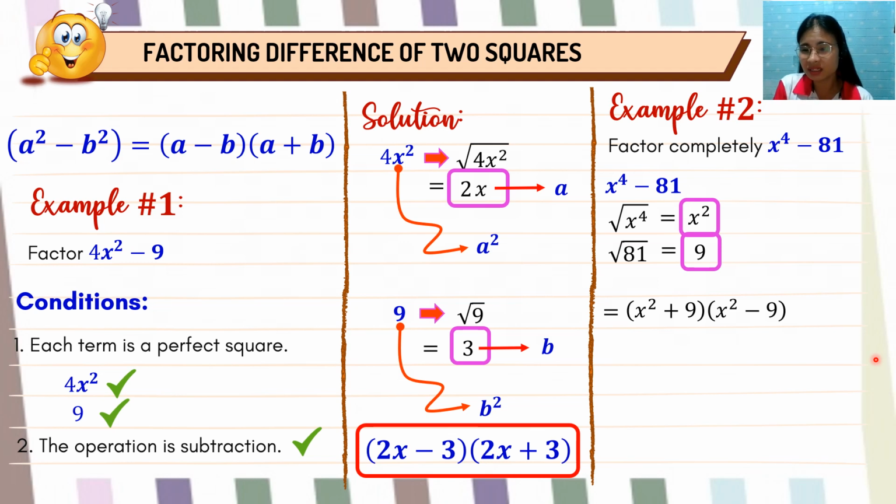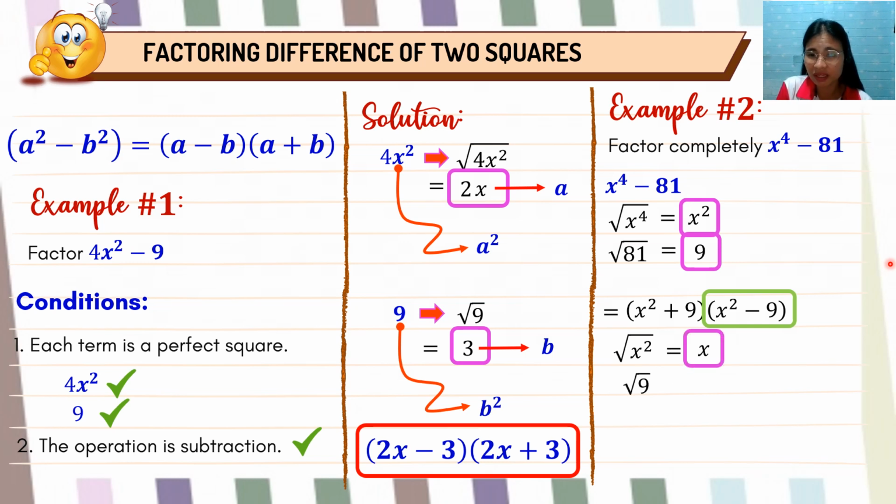Now, what's the difference between our first example and our second example? In our second example, one of the factors, x squared minus 9, is another example of difference of two squares, meaning it can still be factored out.